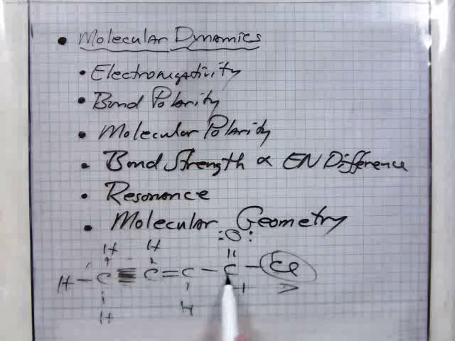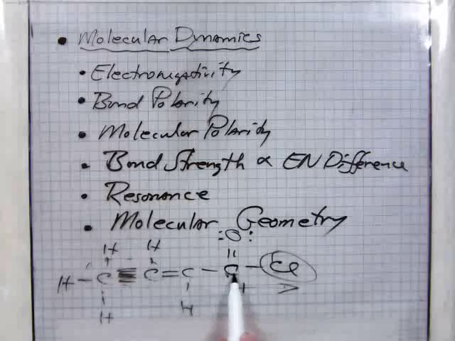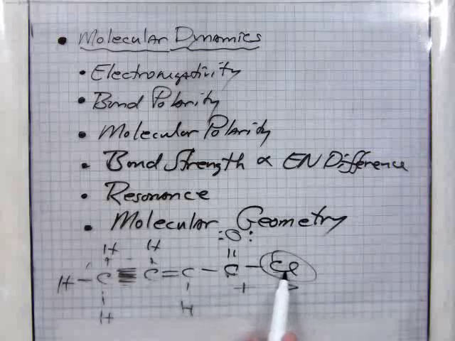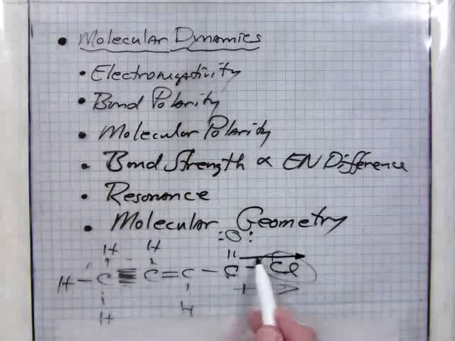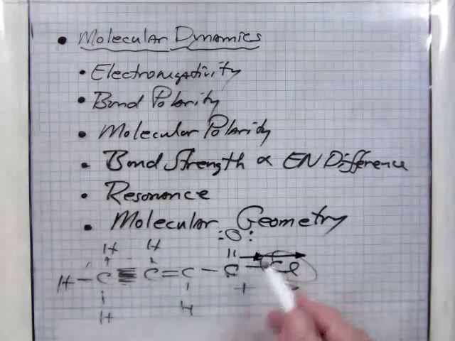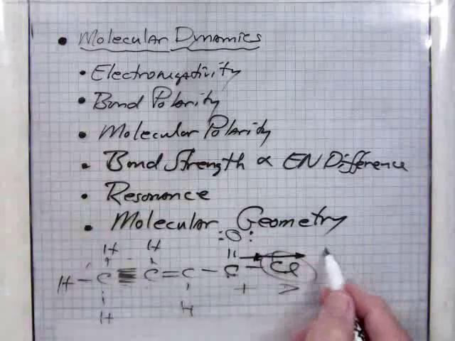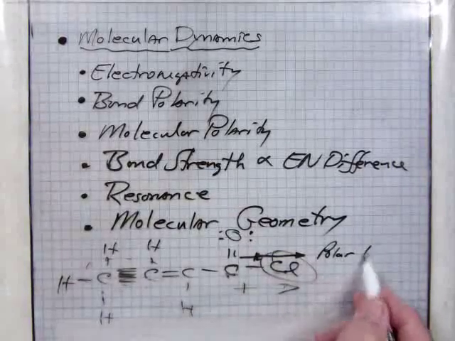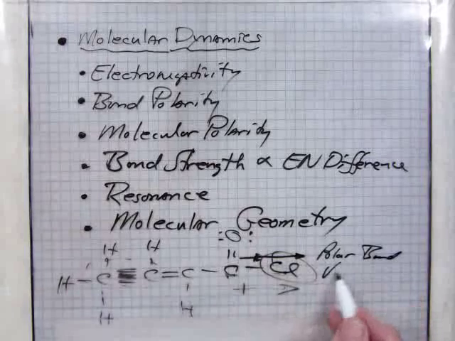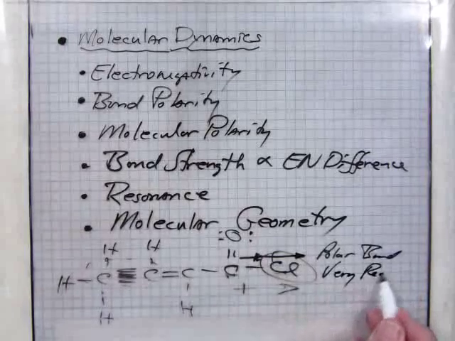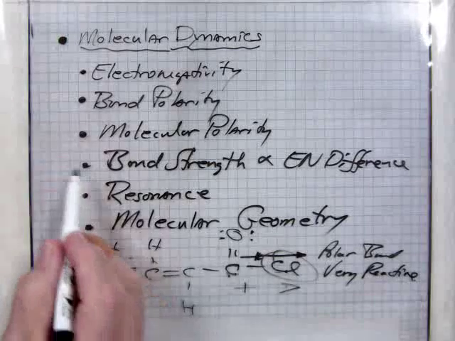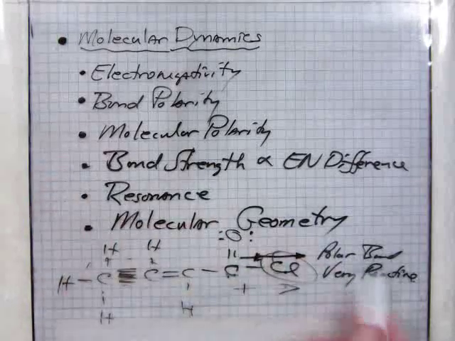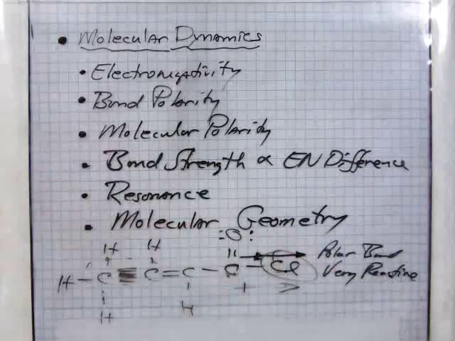So when we look at what is bonded to carbon, low electronegativity, to a high electronegativity, then we see that this is a very polar bond and is very reactive. And we describe that in terms of bond strength. The more polar it is, the easier it is to break.